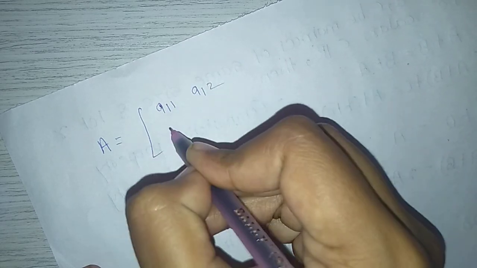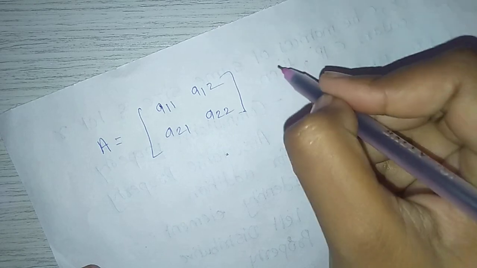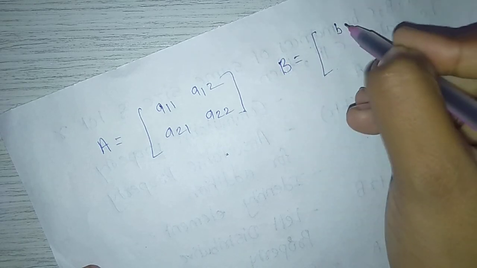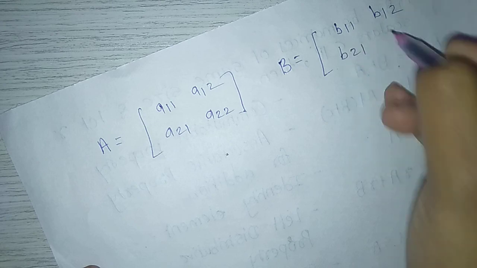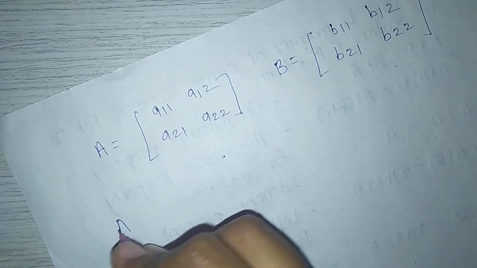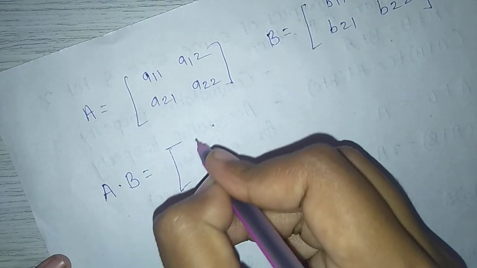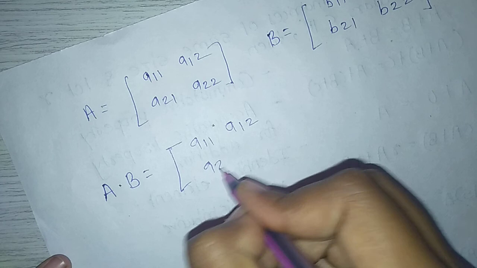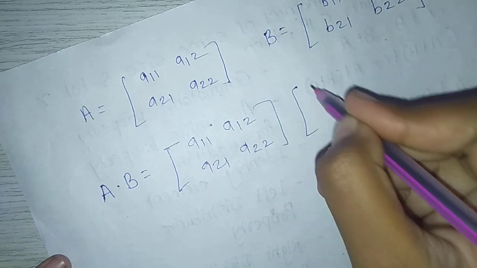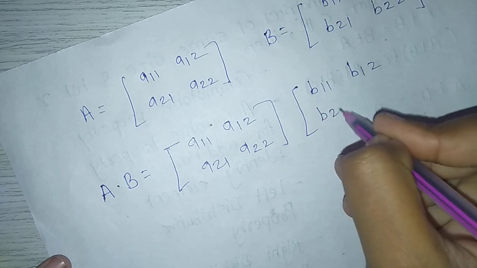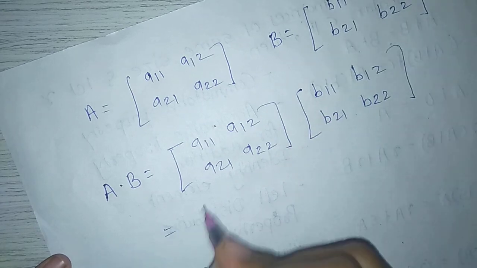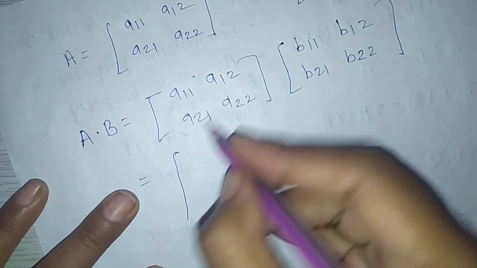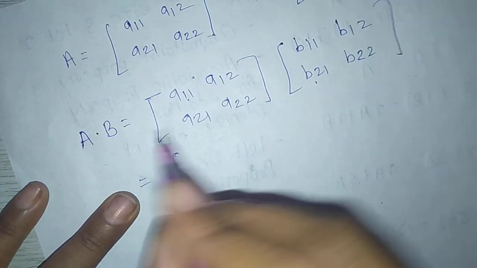That means, in general, if A is a 2 by 2 matrix with entries a11, a12, a21, a22 and B equals b11, b12, b21, b22, then A into B equals a11, a12, a21, a22 times b11, b12, b21, b22.